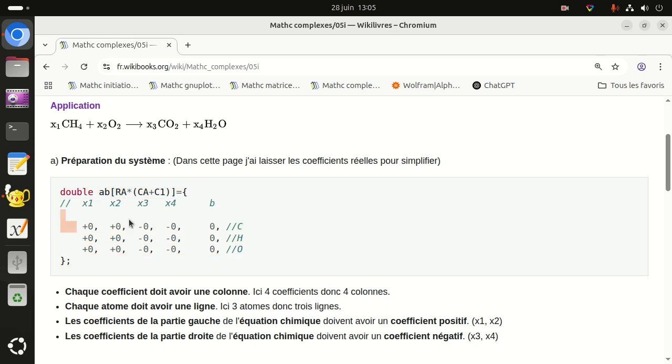In the first line I put the carbon. In the second line I put the hydrogen, and in the third line I put the oxygen. In the first column I put this element, in the second column I put this element, in the third column and in the fourth column I put these elements.